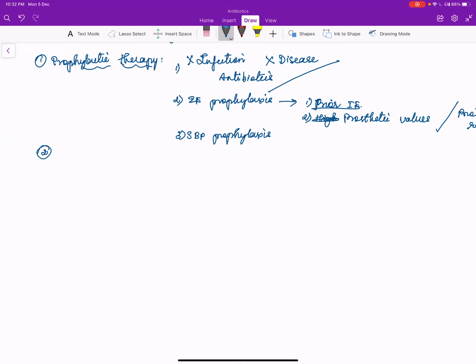The next entity is preemptive therapy. The patient has infection. The organism is within his body, but it has not caused the disease yet. But still we give an antimicrobial. One classic example is patients with renal transplant.